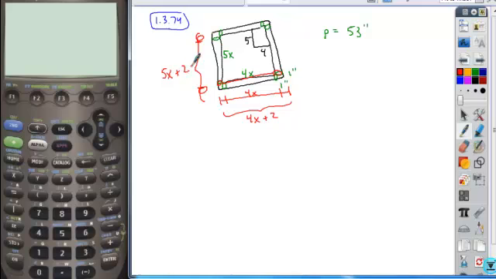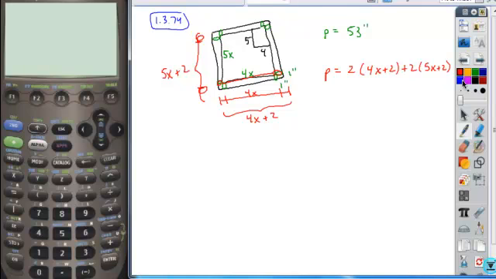And so if we look at our total perimeter, it is going to be this measure plus this measure and then doubled. So you can double each one individually if you want. So 2 times (4x plus 2) plus 2 times (5x plus 2). Or you could just double the whole sum of these, right? Because these two sides represent half of the whole thing.